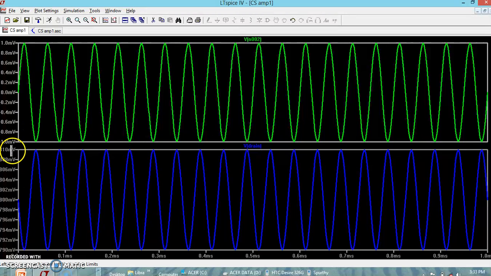Let us find the output: this is 810, this is 790 millivolts. So here the peak to peak happens to be 20 millivolts. The output peak to peak is 20 millivolts, whereas the input peak to peak is 2 millivolts. So 20 millivolts by 2 millivolts happens to be a gain of 10.